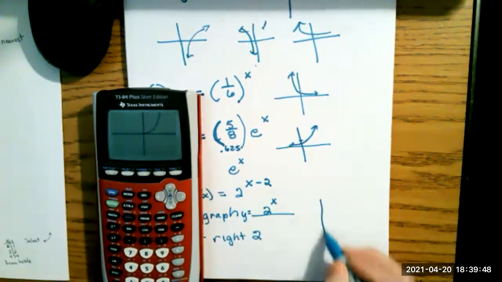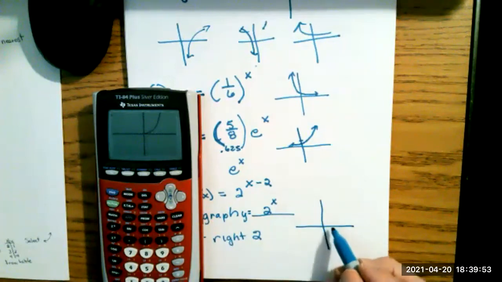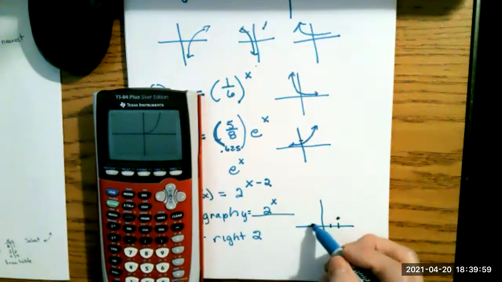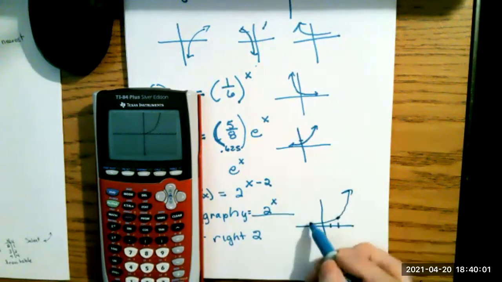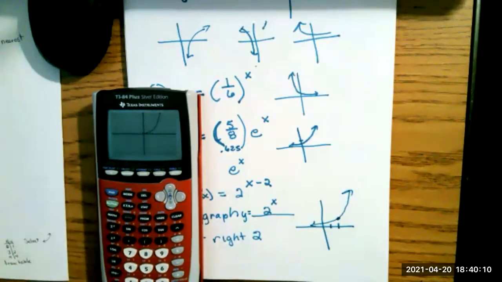Remember, it used to be at 0, 1. Now it's going to shift over 2. So now it's at 2, 1. That's where your point is. The graph has shifted 2 to the right.